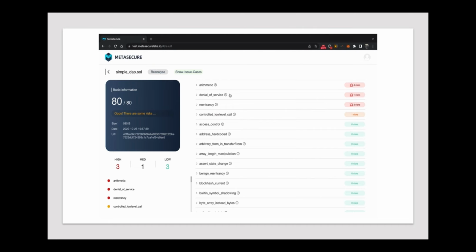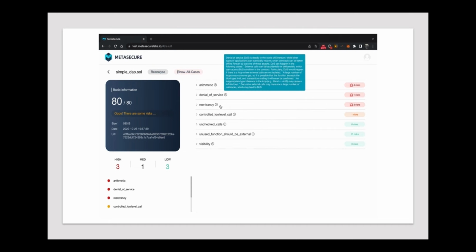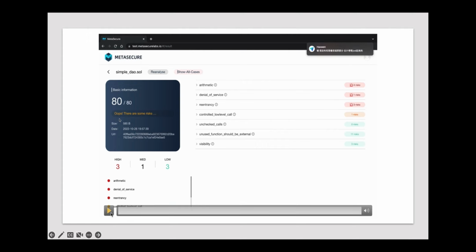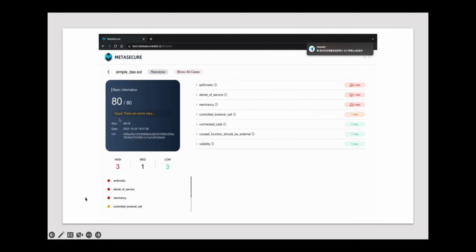And the results usually come quite quickly, because we are doing a lot of optimizations on top of the pattern matching based on our machine learning and some of the AI algorithms on the back end. Yeah, this is pretty much our design cases for it.